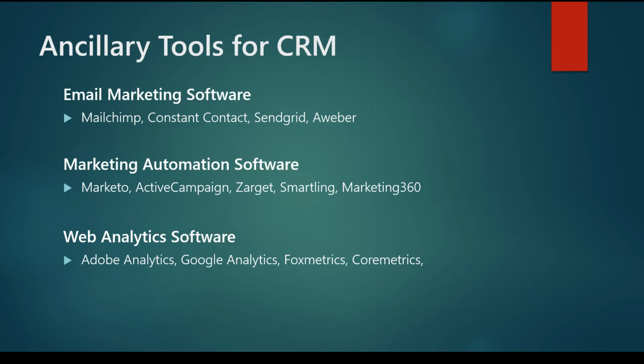There's also purely marketing automation software such as Marketo, ActiveCampaign, Zarget, SmartLink, Marketing 360, which do landing pages as well as email campaigns and provide some other features and functions to be able to track and manage and measure performance of marketing campaigns. And then you have web analytics software.